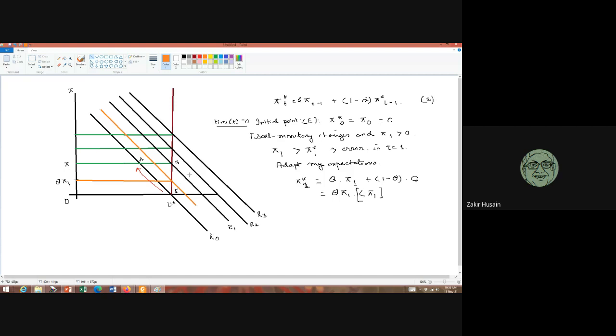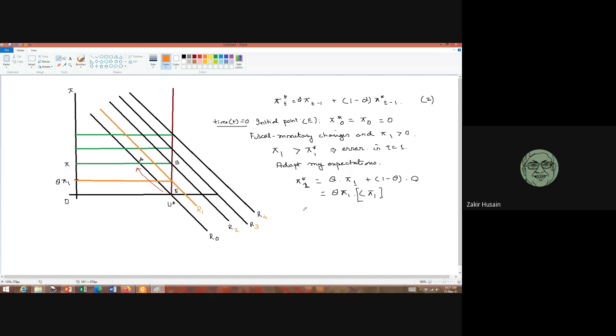Okay. So if you want me to use the same notations as before, this is my Phillips curve. I have revised my expectations slightly.